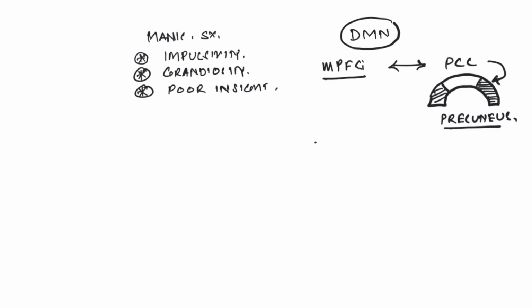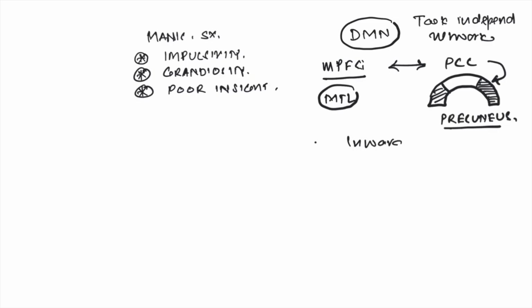The other areas of the default mode network include the medial part of your temporal lobe, right? Now, this is basically a task independent network, right? Or some articles will talk about this as an inward looking network, right? That basically means that these networks are looking at yourself, right?